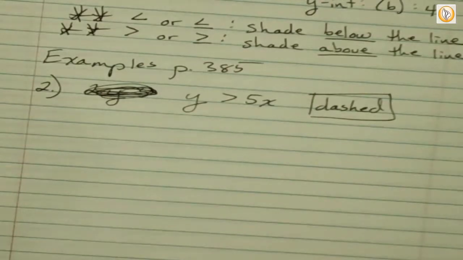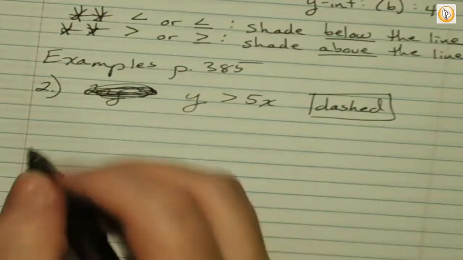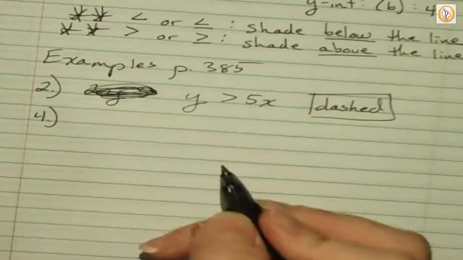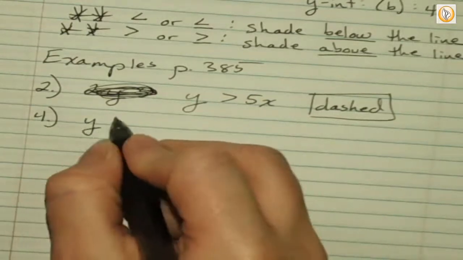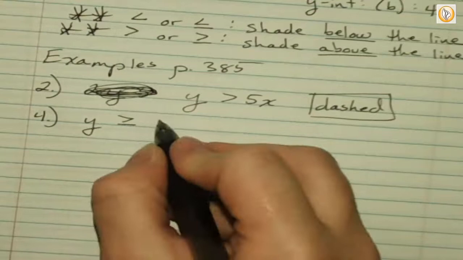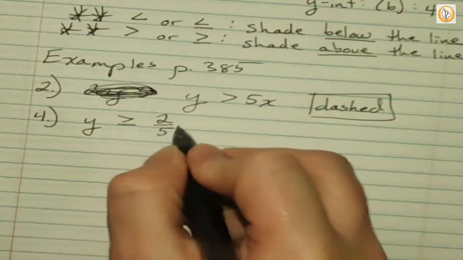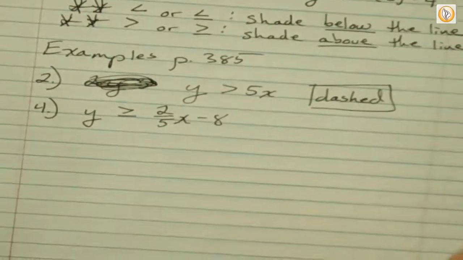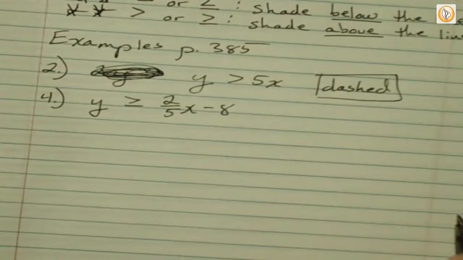On the page, if we get it wrong, will we have to write why? Yep. Okay. Number 4. y is greater than or equal to 2 over 5x minus 8. Izzy. Solid?